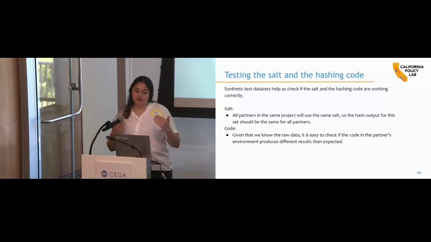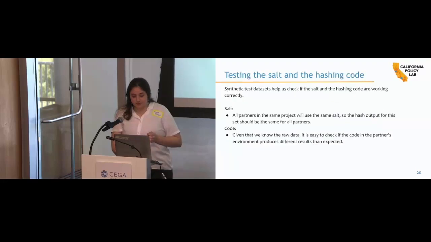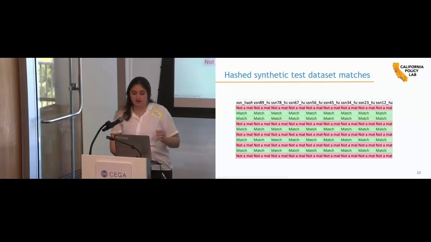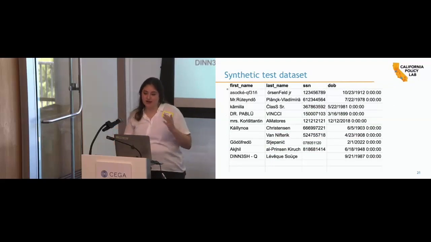This is an example of what I mentioned earlier with the SAS, that with one of our partners, we realized that it was not handling special characters properly because their SAS Studio was handling it differently than the base SAS. Okay, so anyway, after all of the partners have sent us back this information, all of this is actually green boxes that say match. Then we give them the green thumb, and they're ready to actually do the full hashing.